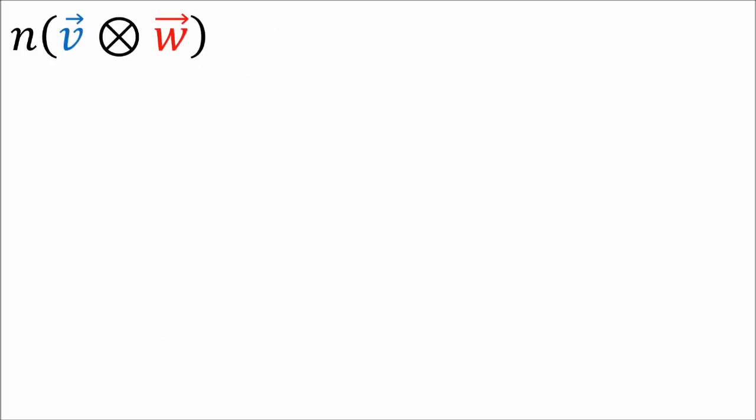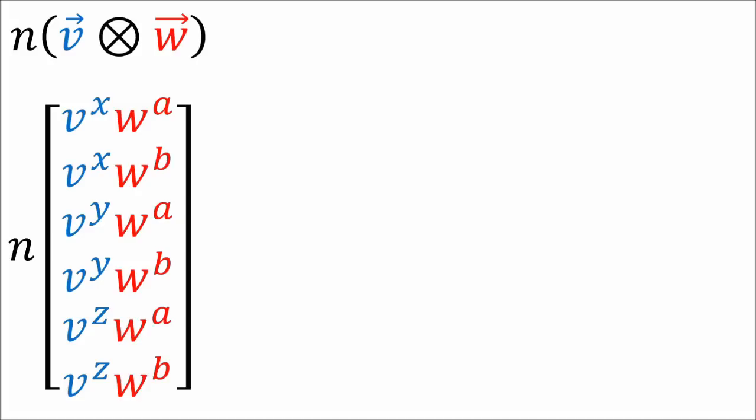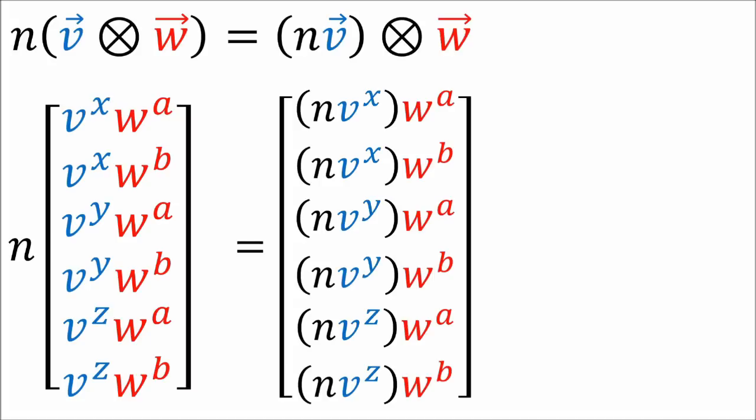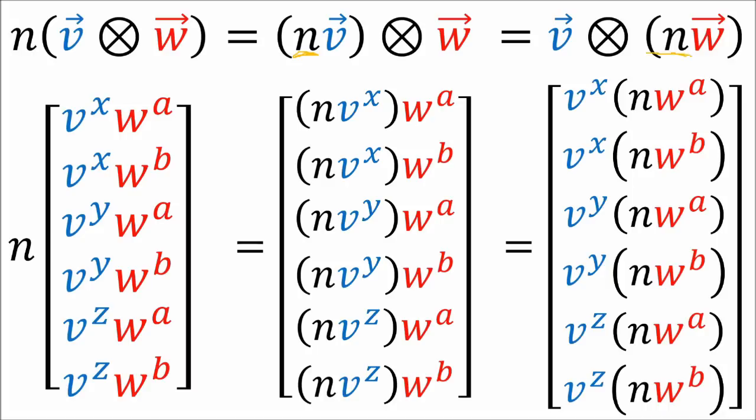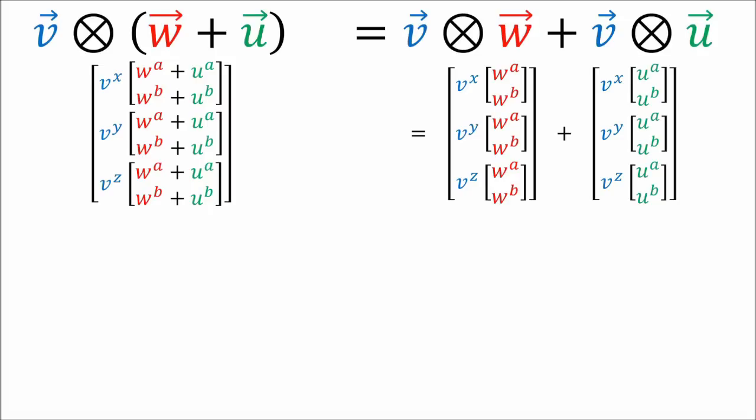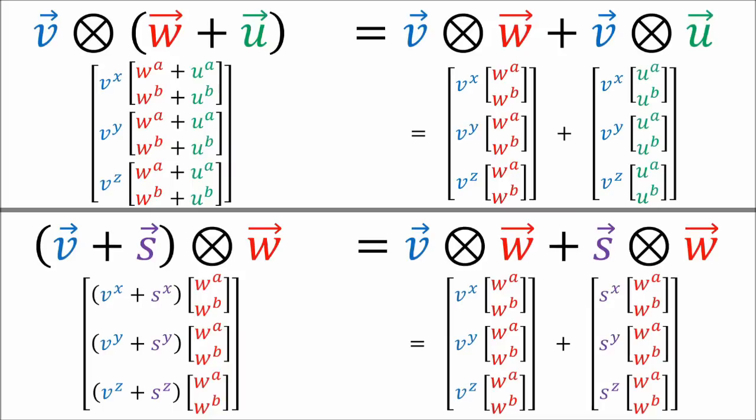However, since the tensor product of vectors V and W is done as a kind of array multiplication, we scale the mixture of V and W. So when we scale this tensor product, we can choose to either scale V or scale W, but we don't scale both. Also, the tensor product obeys the distributive property over vector addition in both directions.